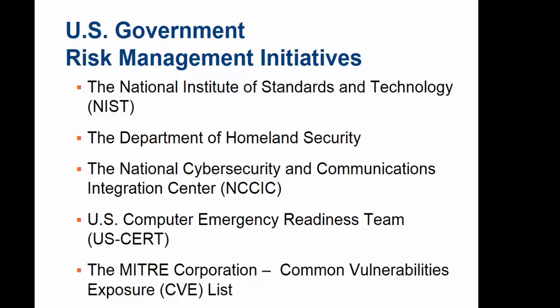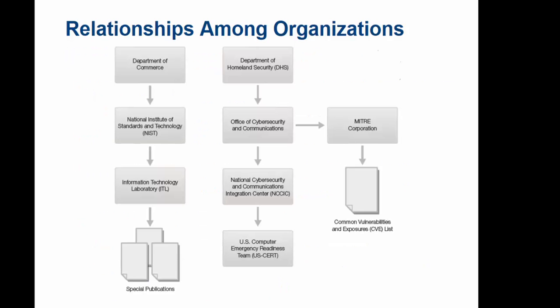One of the contractors that worked for me happened to be the MITRE Corporation, a very broad organization that keeps the CVE list. As you can see in the flow here, the relationships among these organizations show which, like the Department of Commerce and Homeland Security, falls under which category.